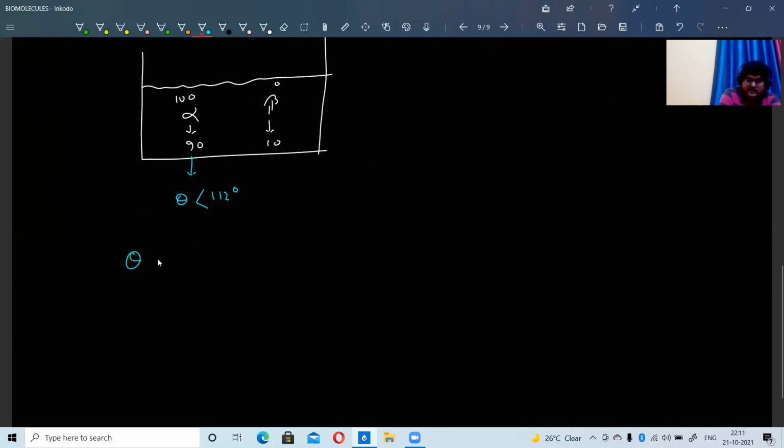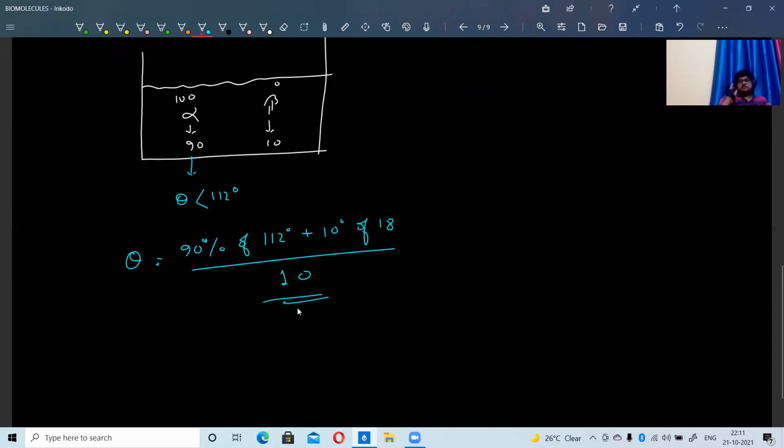Now, how can you find the theta value? 90% of 112 plus 10% of 18, divided by 100. From here, you just get the theta value. Now, how long does this rotation take place? This rotation takes place till alpha and beta become equilibrium.